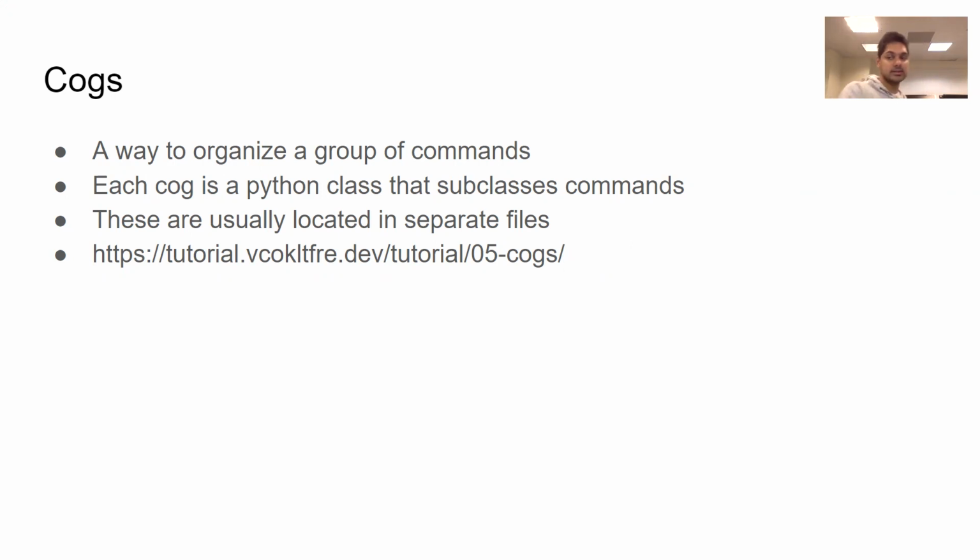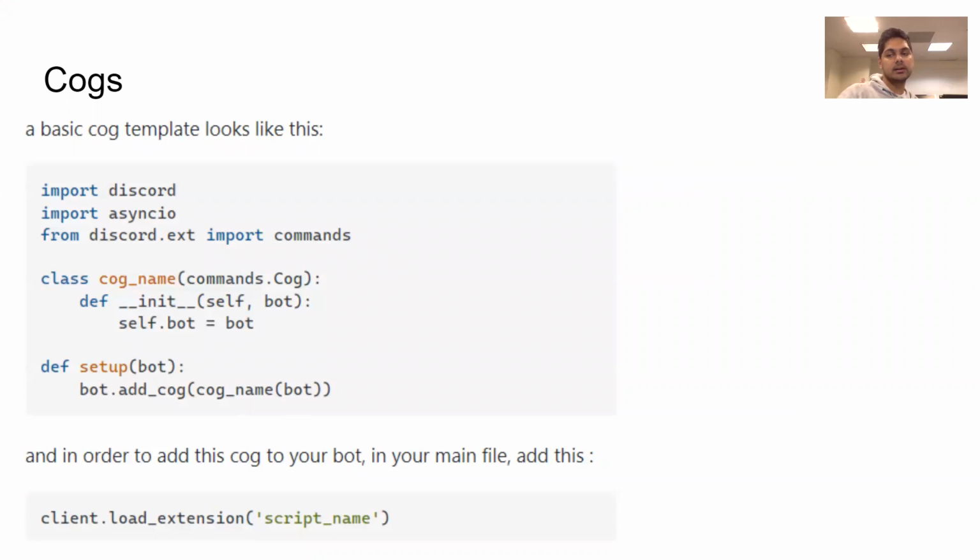We're going to be using cogs, and they're a way to organize a group of commands. Each cog is a Python class. They're in separate files, and the cog template looks like this. In main you just do whatever, but cogs are classes. So import discord, import statements, right?